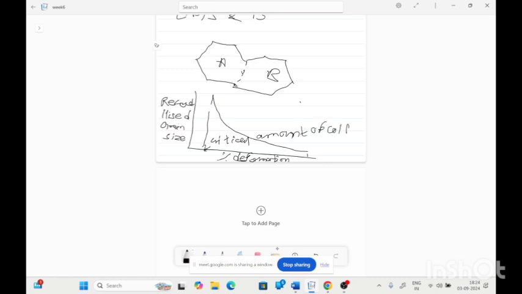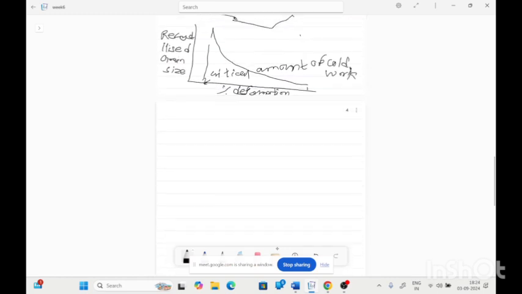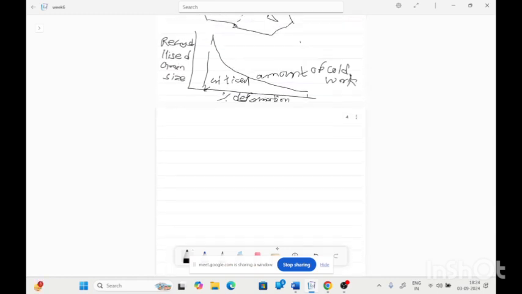Means for the recrystallization we need some cold work in the material. So up to this point the recrystallization is primary recrystallization.